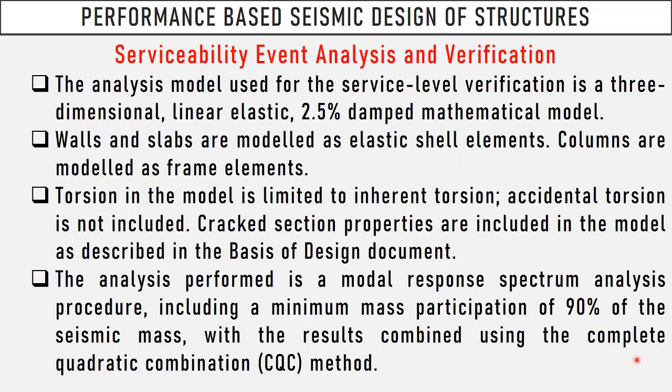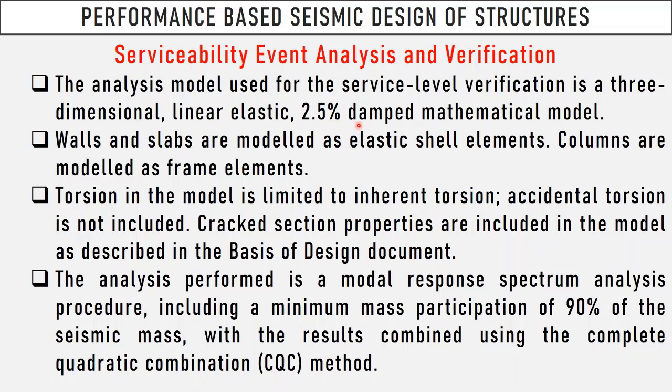I don't want to go into detail, but one critical issue is that in tall buildings we are not accepting a high level of nonlinear response. That's why damping less than 5% is used, and in general we consider 2.5%.